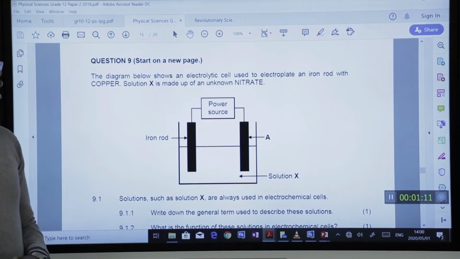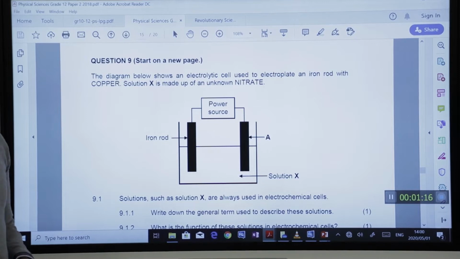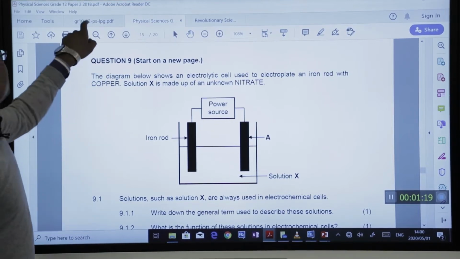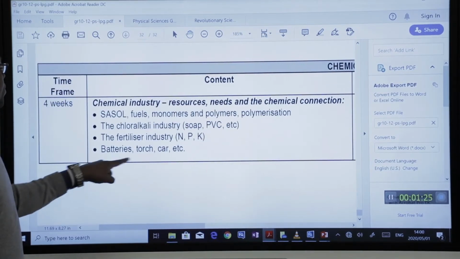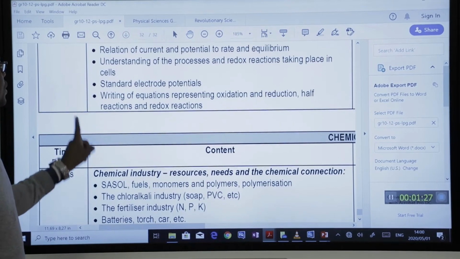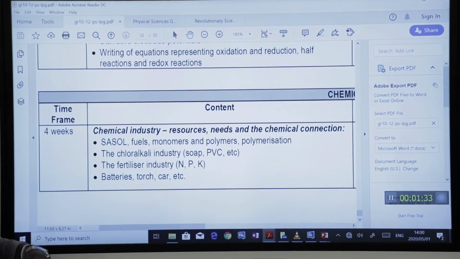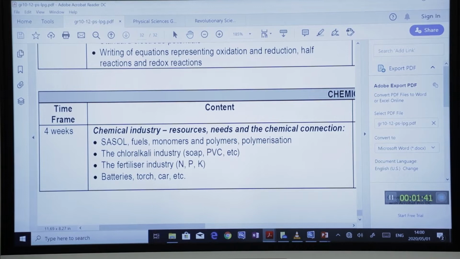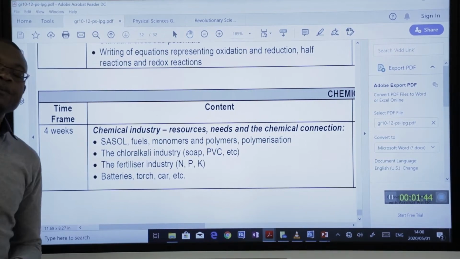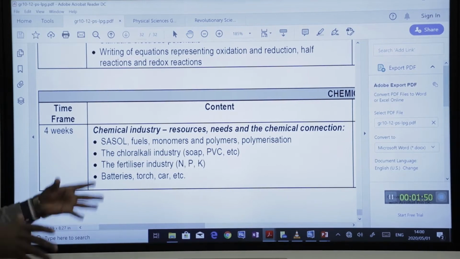So we are now wrapping up our study of electrochemistry, and like I promised you, I've explained all the concepts, especially this last part where we were talking about batteries, torches, car batteries, and also the industrial applications where we showed that we can use electrochemistry in processes such as production of chlorine gas from brine solution, that is the salt water from the ocean, the production of hydrogen by electrolysis when you are splitting water.